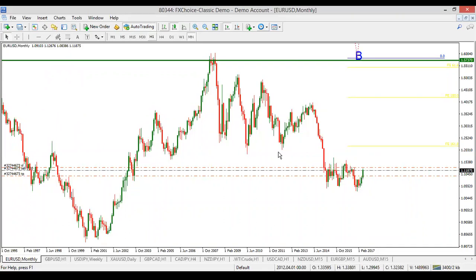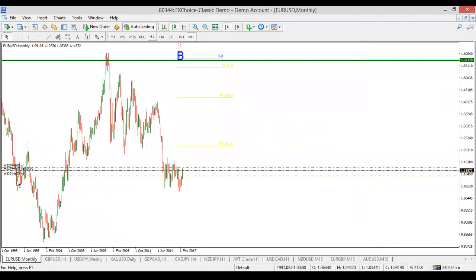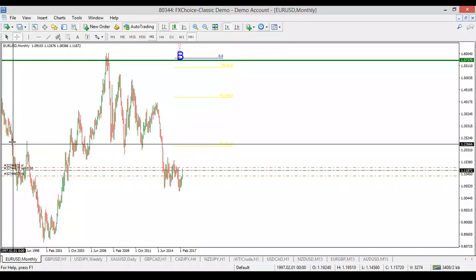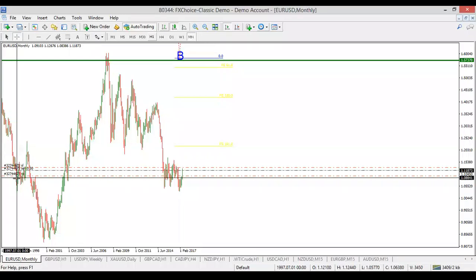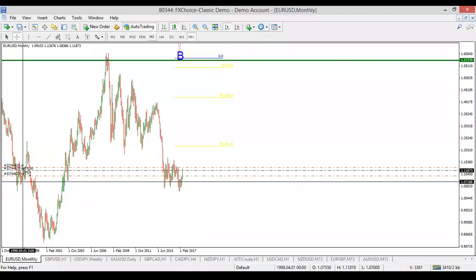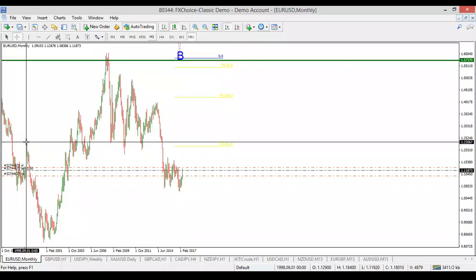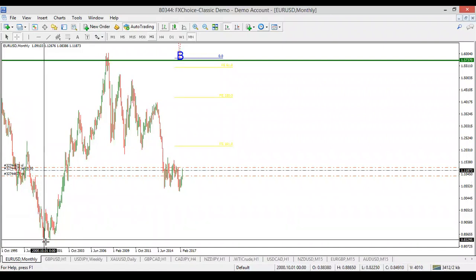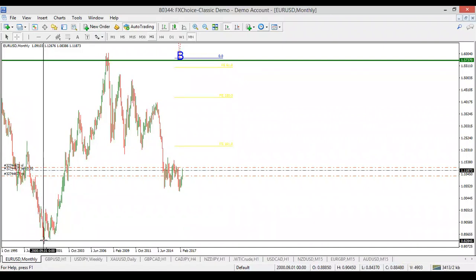Now, I'm here at Euro USD. I have been able to see that Euro USD was forming lower low, lower high some time ago, which was September 1997, higher low 1998, and now we had the lowest low as at 2000.